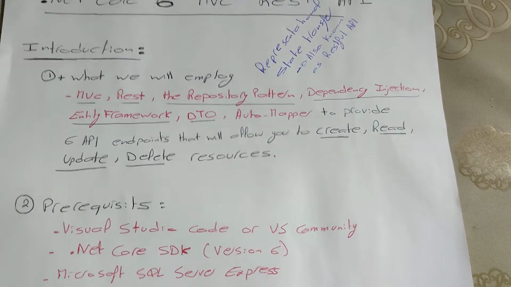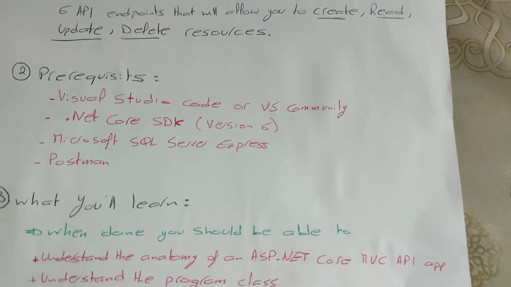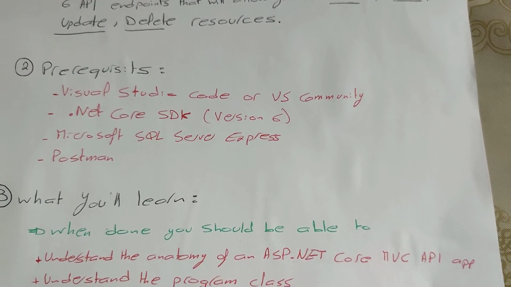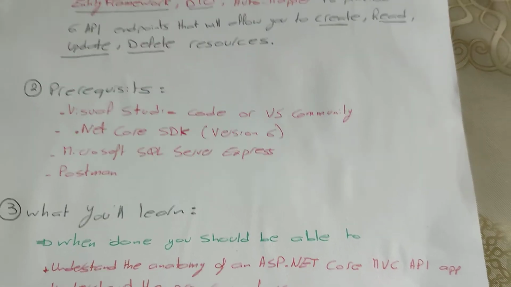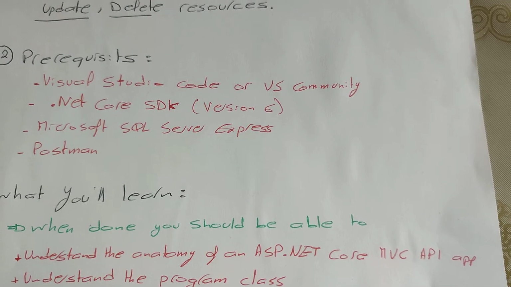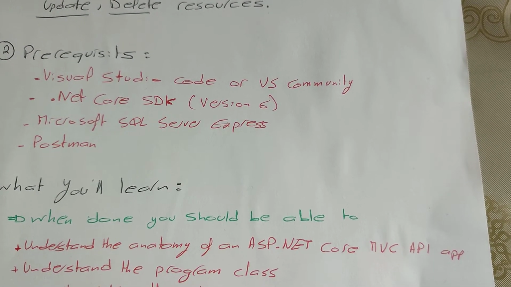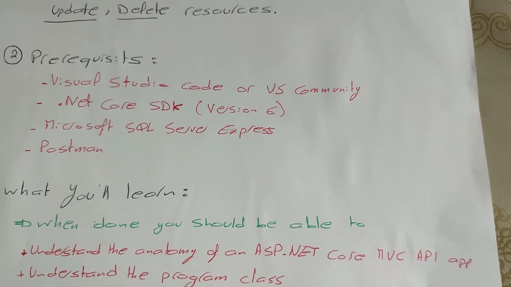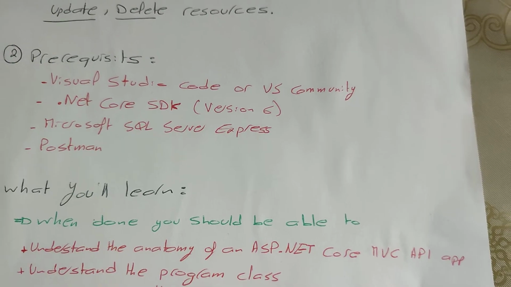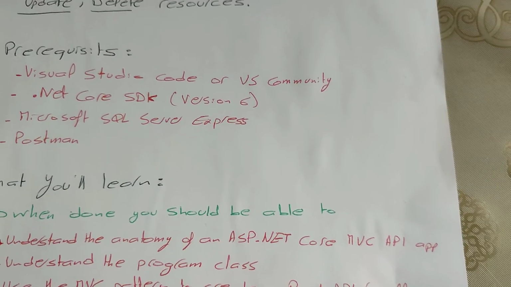Okay, so what are the prerequisites in order to create our RESTful API with .NET technology? The first thing: for Linux and Mac users, you can install Visual Studio Code, which is an IDE where you can implement the C# language and write your application.